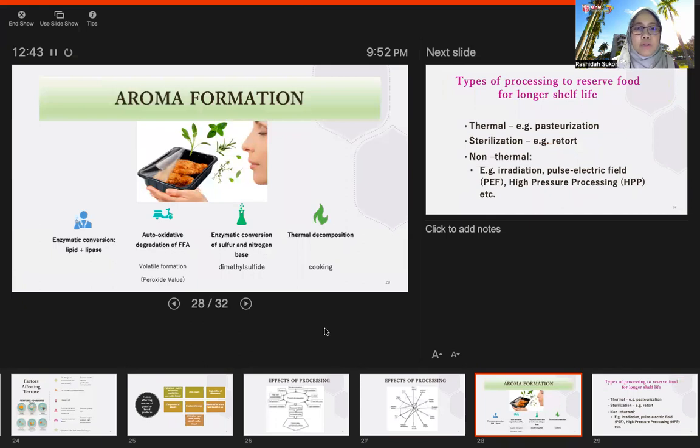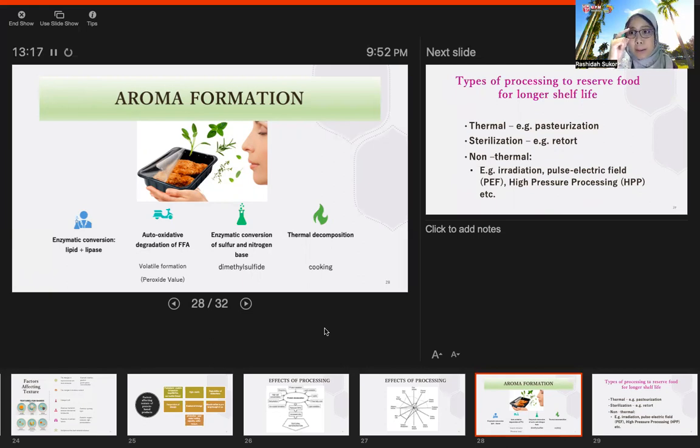Okay, and then we go to the aroma formation. How does aroma form? Aroma can be formed through many different techniques or methods. One of it is through enzymatic conversion. For example, the lipid will react with lipase, and then they will form aroma. Okay. And then we will also form aroma when you have auto-oxidative degradation of FFA.